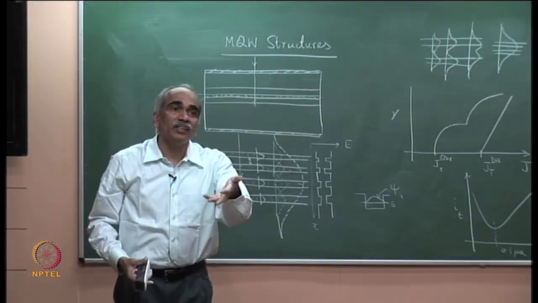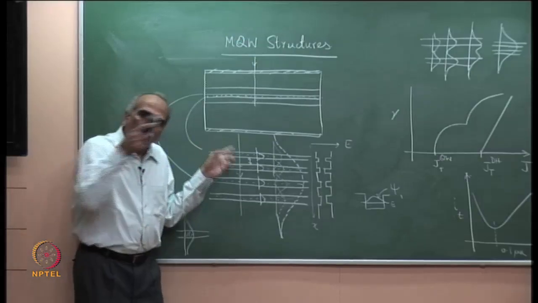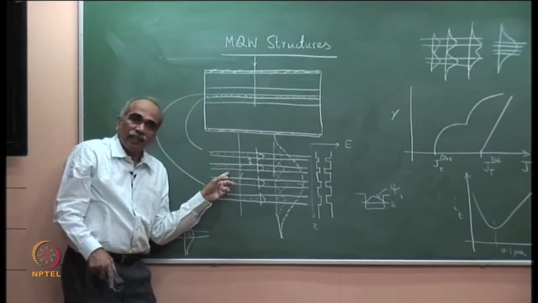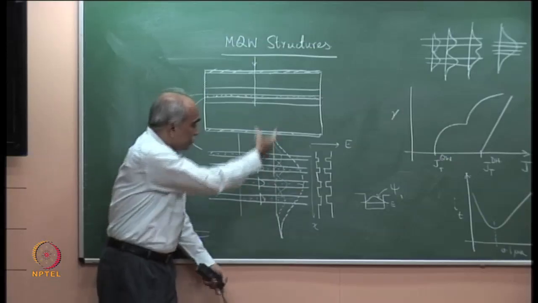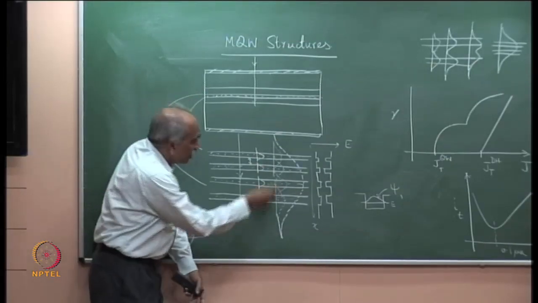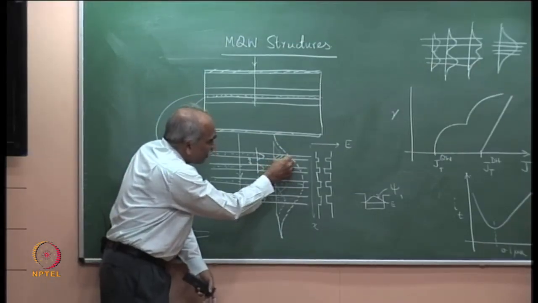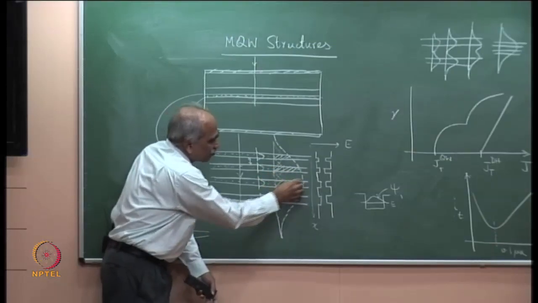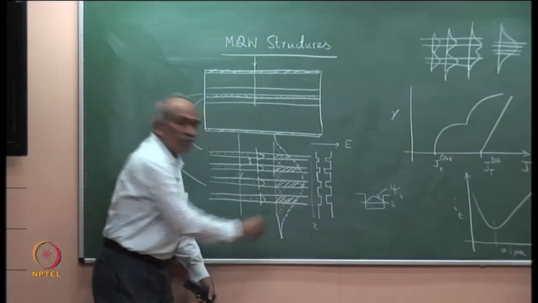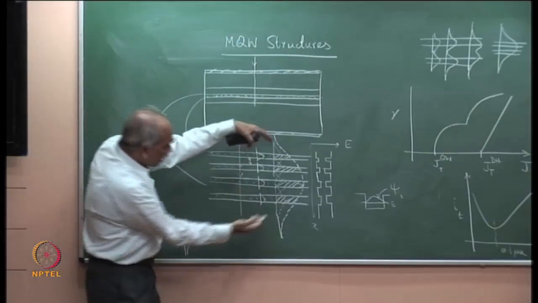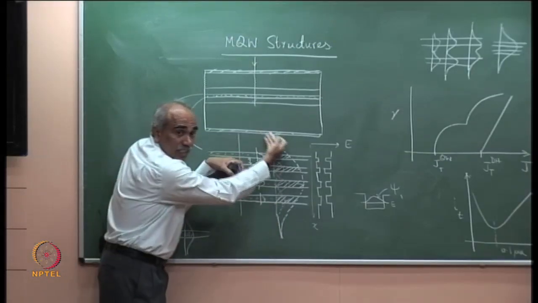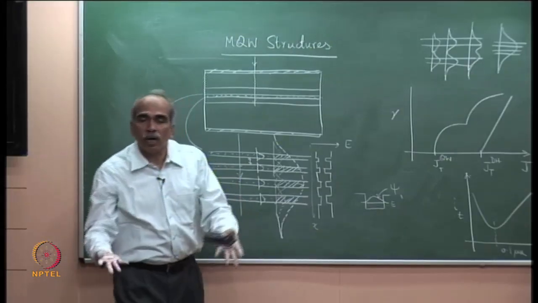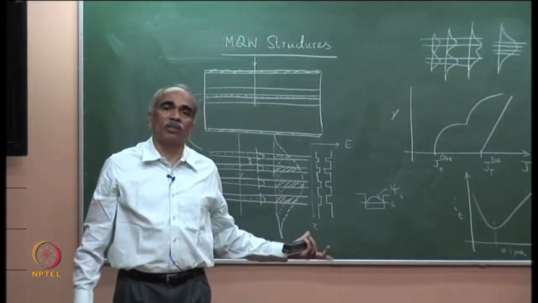What is the advantage? You make use of all properties of a quantum well structure and enhance the gamma. Now what is gamma? You see here also it is in the gain region, here also it is in the gain region. So gamma will increase for this effective field, and two, you can get more power from this multiple quantum well structure.